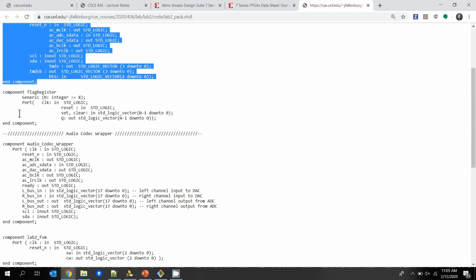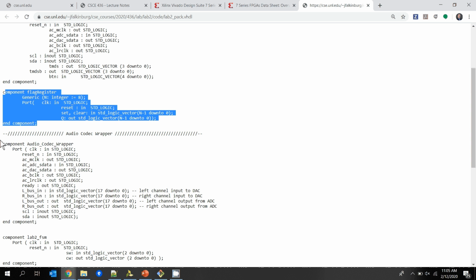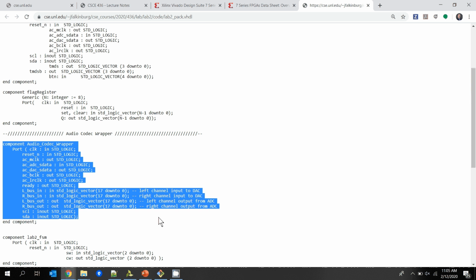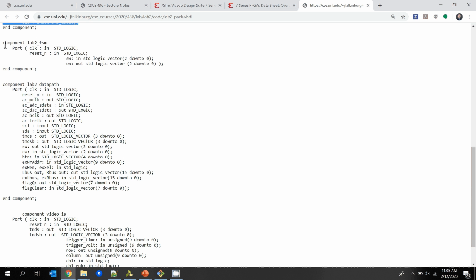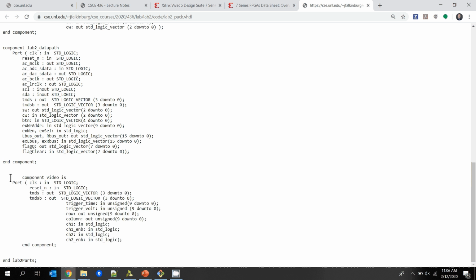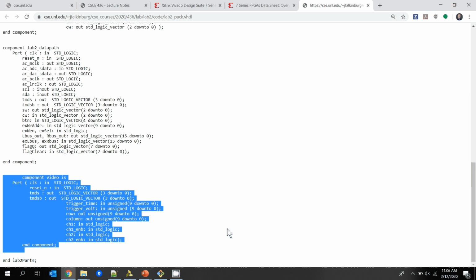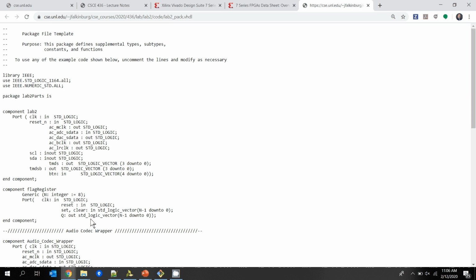So for Lab 2, we're going to have a flag register, an audio codec wrapper, a finite state machine, data path, and a video component. You can add in the other components that you had in your design to that parts package. And it makes things all in one central location.